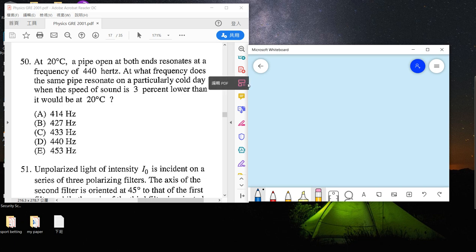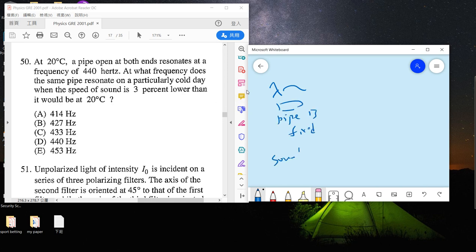Okay, so basically the wavelength of the wave will not change, because the pipe is the same. So if the speed of sound changes, the frequency changes, and the speed of sound is lower, right? So that means the frequency must be lower. The key point is that the wavelength is fixed because the pipe is fixed.